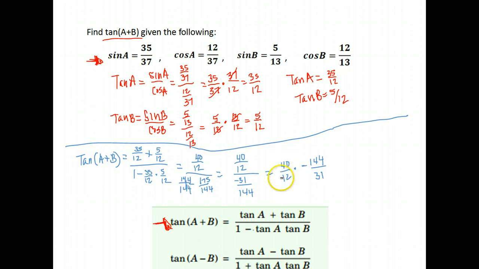Let's do any reducing that we can. 12 goes into 144 12 times, so that does a little bit for us. 40 times negative 12 is negative 480, and in the denominator, 1 times 31 is just 31. So our tangent of A plus B is negative 480 over 31.